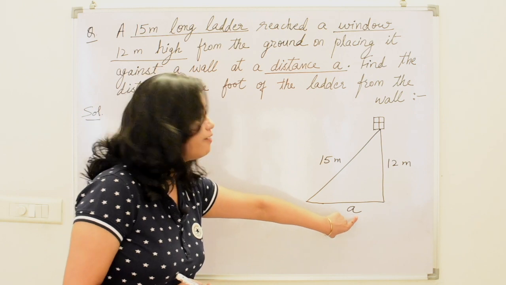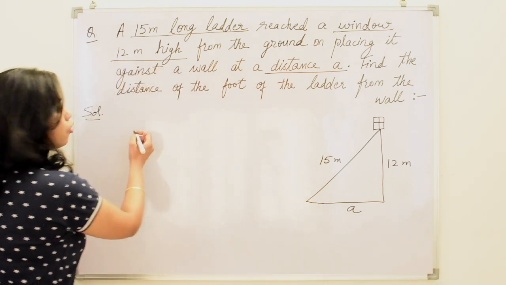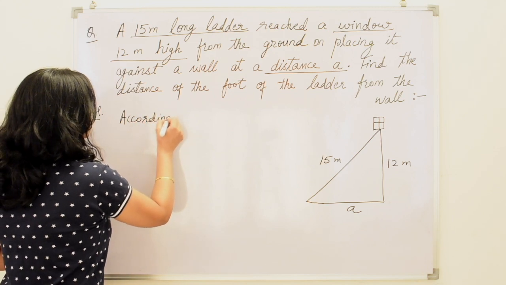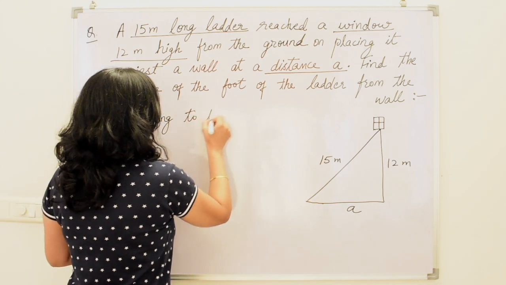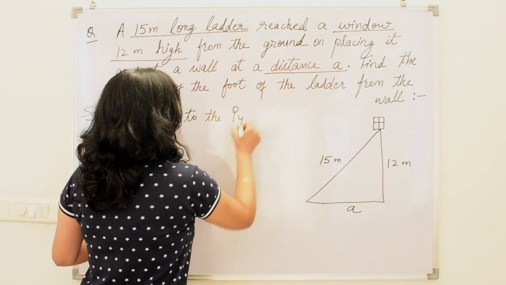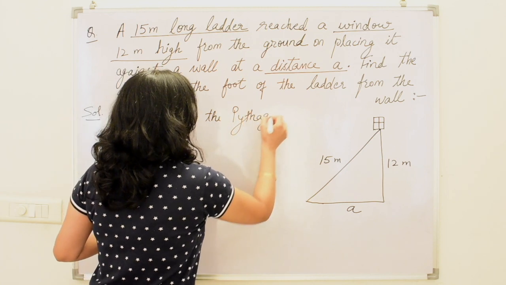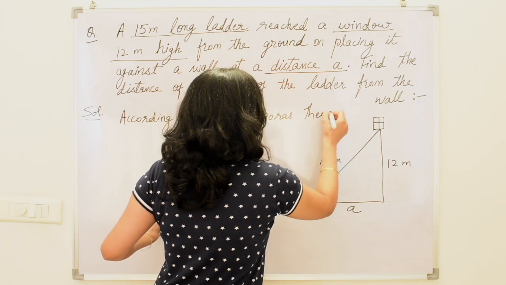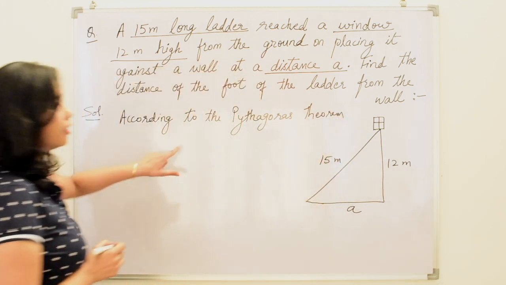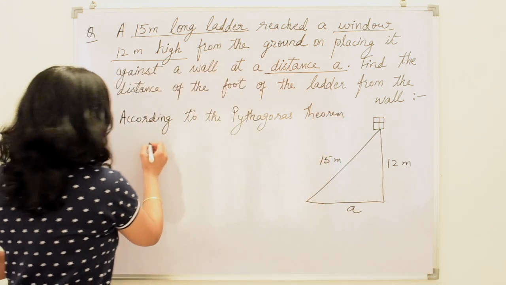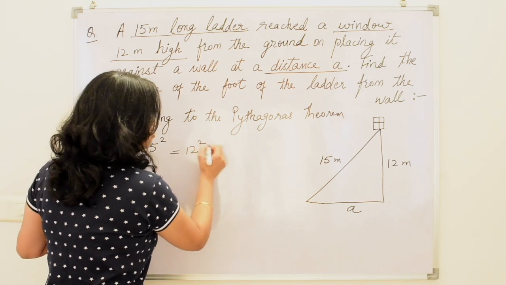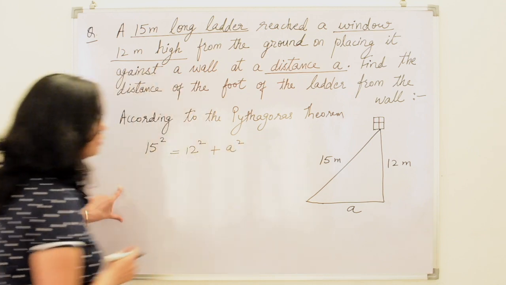So we have to find the value of a. According to the Pythagoras theorem, 15 square is equal to 12 square plus a square.